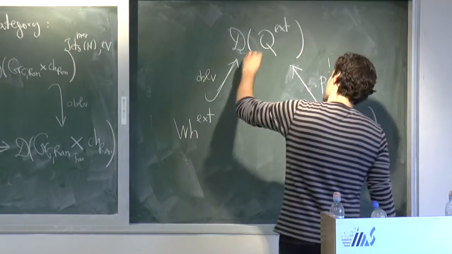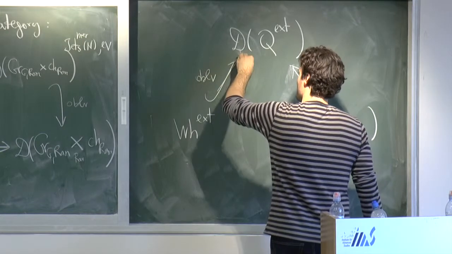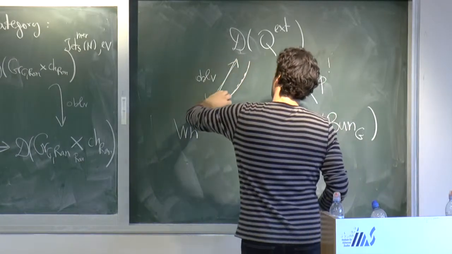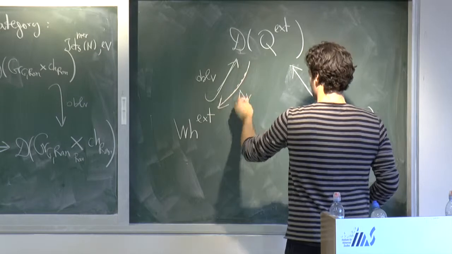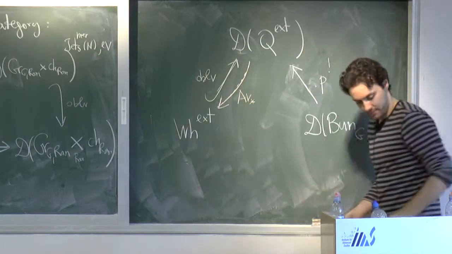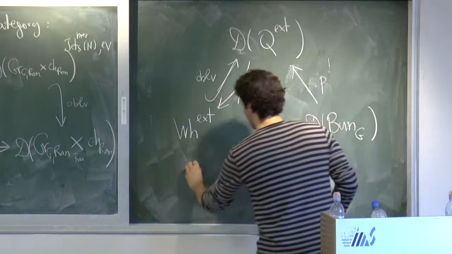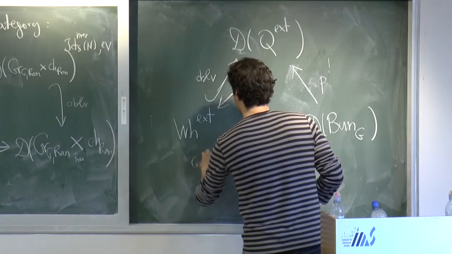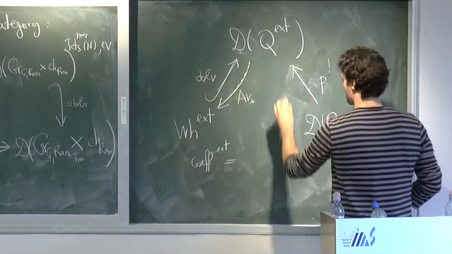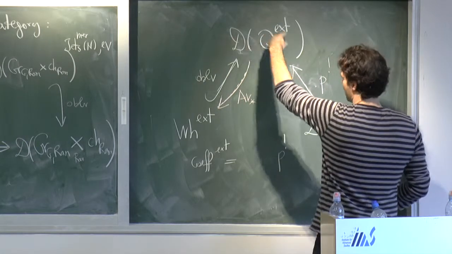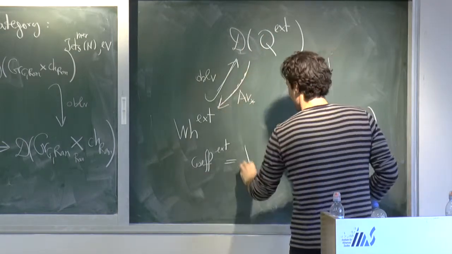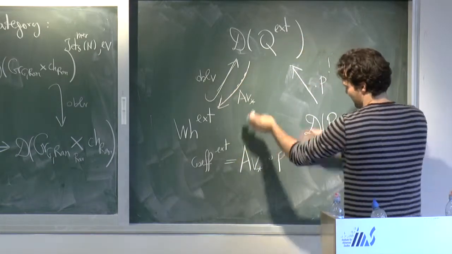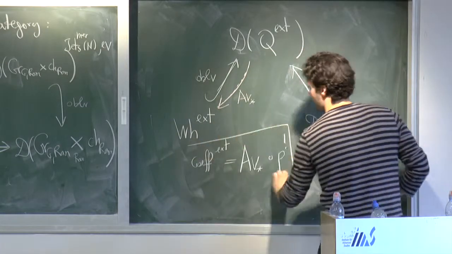To do that, I claim that I have a right adjoint that, in the formalism of Sam, is called averaging star. Then my extended coefficient functor will be the composition of pullback from D-modules on Bun G to this crazy guy, and then averaging with respect to the extended character into the extended Whittaker category. And that's the functor.